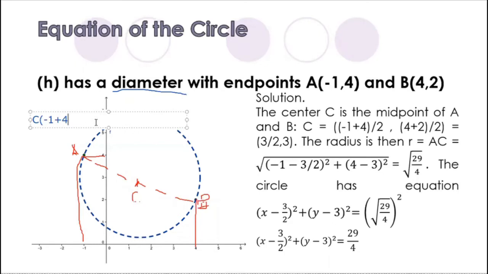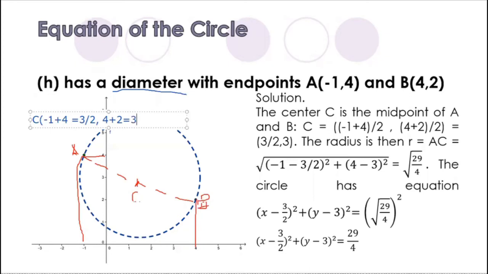Negative 1 plus 4 equals 3. Then, divide lang natin sa 2, kasi middle point eh. Yun yung para sa x-coordinate ng center. Sa y-coordinate naman, i-add natin yung y ng point A, 4, plus y ng point B, 2. Then, divide natin sa 2, which is 6 divided by 2 or 3 na lang.